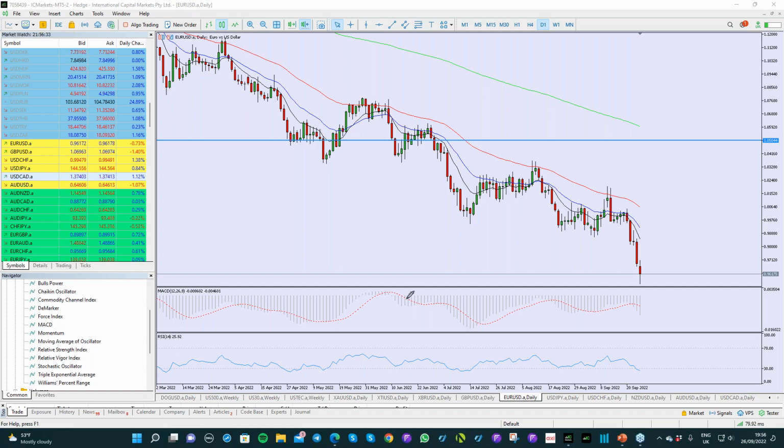So from this low to this low is convergent. This low to this low, this is the lower one, this is a higher one, and yes, that is divergent because this price action is getting slightly lower, whereas the MACD is getting slightly higher.